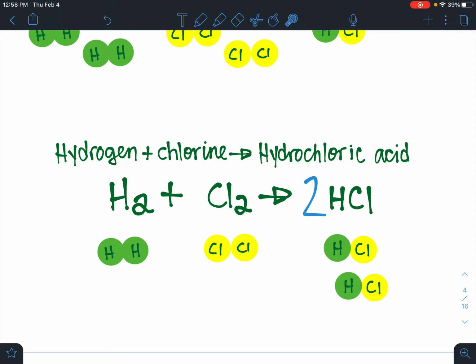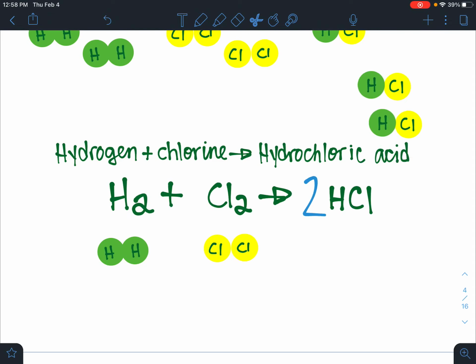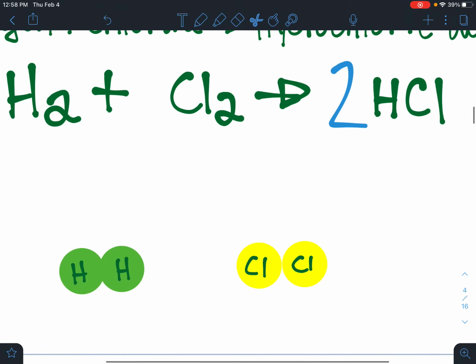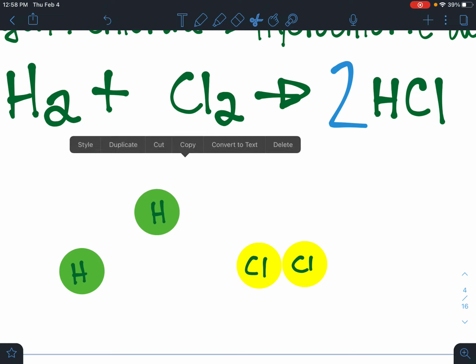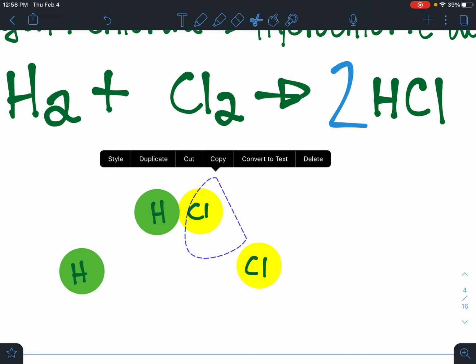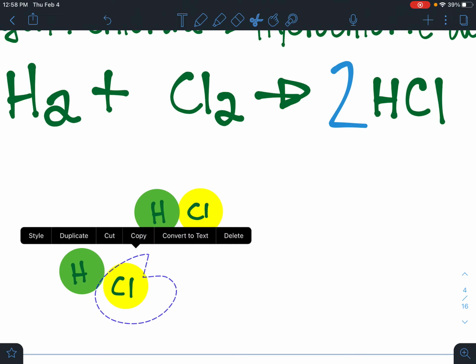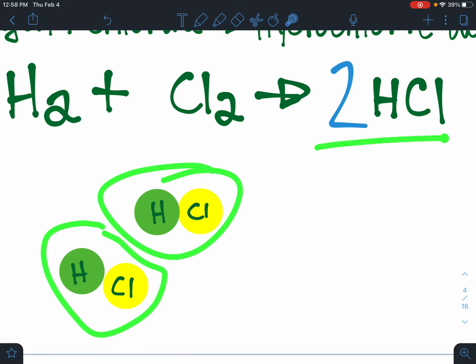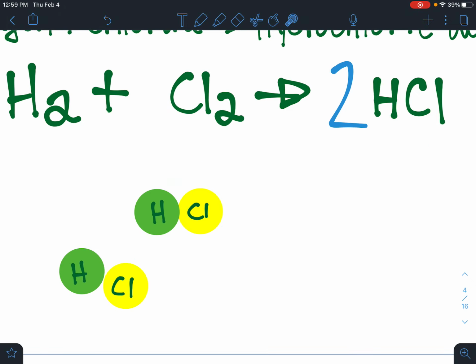Another way to see this that I'd like to show you is by building the HCl. If we break these things apart and actually form our products, you can see very quickly that there are two HCl molecules, 1 and 2. So that's why we put that coefficient in front of the HCl.